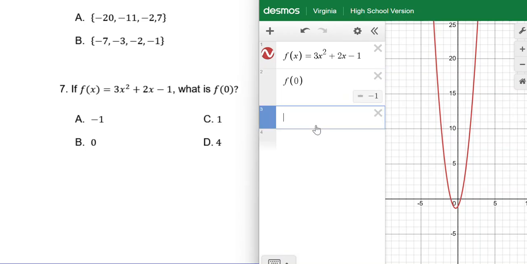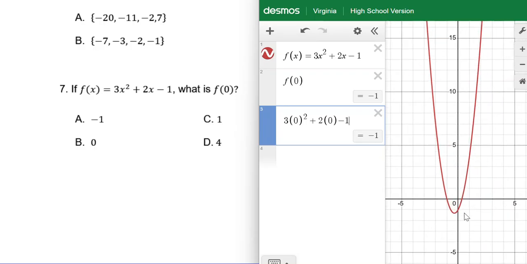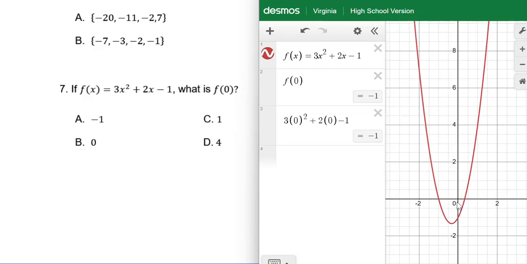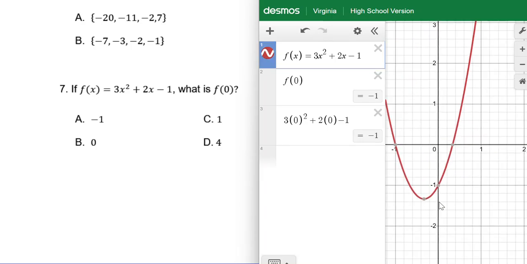It's -1. Basically what Desmos did is plug in 0 for your x. You don't have to do this part, I'm just showing it to you. And then it found the value, which is -1. You can also see here when x is 0, my y is at -1. It's right there.